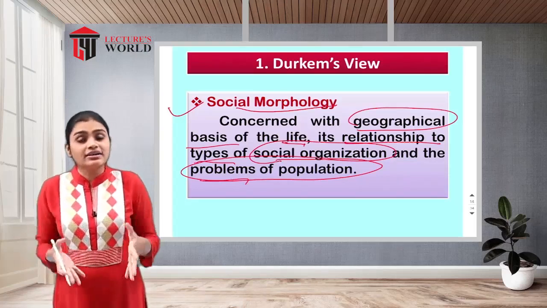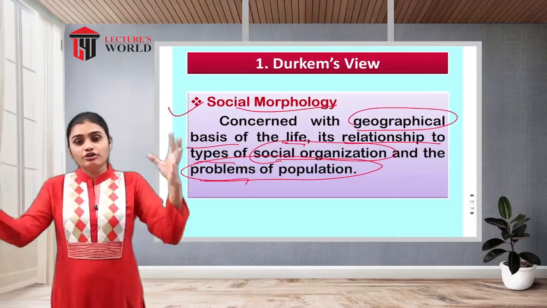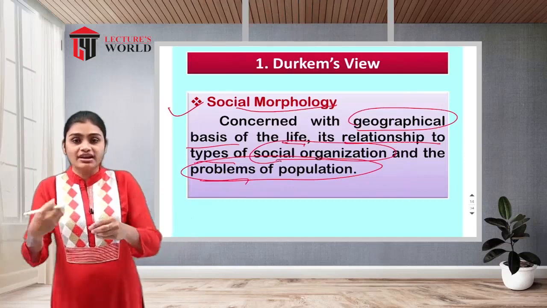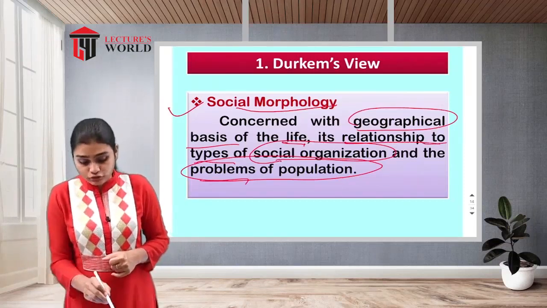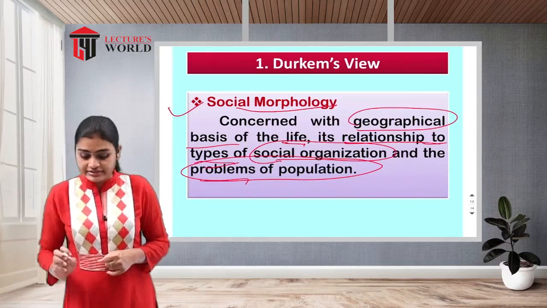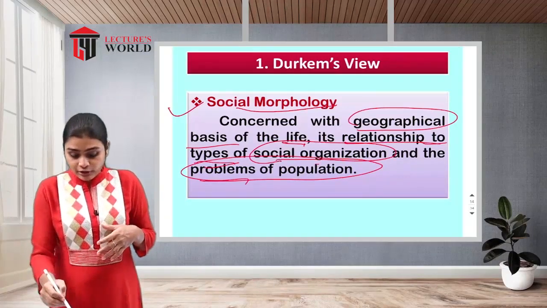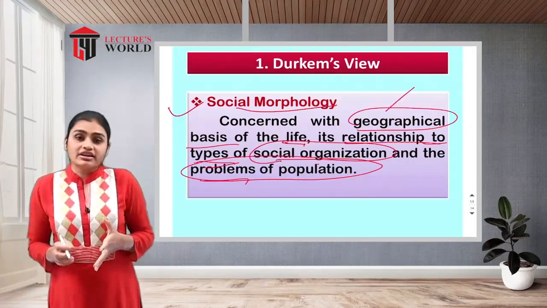That means the places where the individuals or society members are living. Its relationship to types of social organization means the relationship of this geographical area with the social organization.